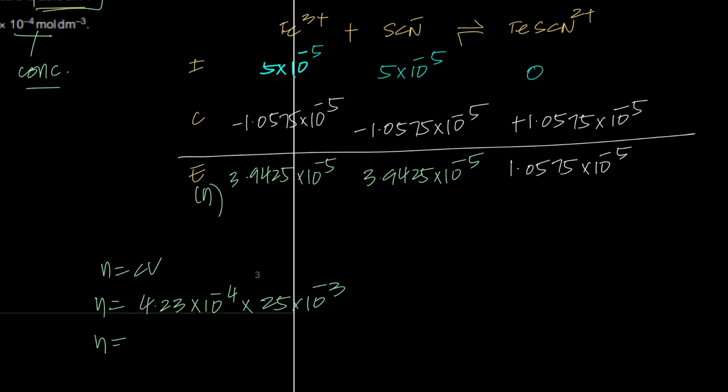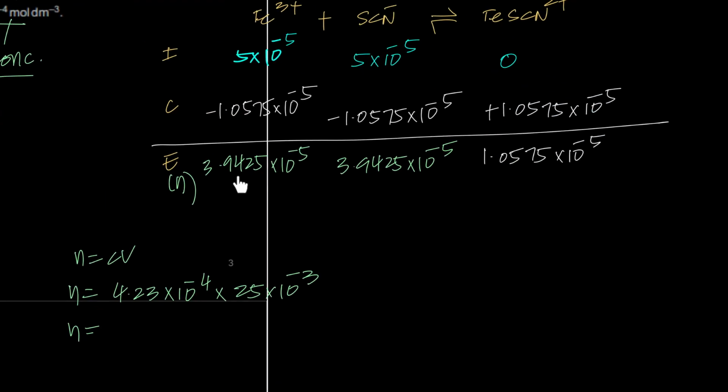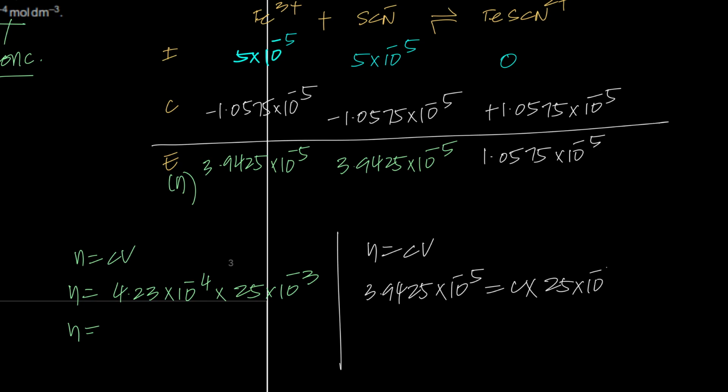You don't have concentration at equilibrium, you have moles at equilibrium. I can just figure out one concentration at equilibrium, and that'll be the same for the other, because they both have the same number of moles at equilibrium. So let's just figure this out. n equals CV. Moles, I have 3.9425 into 10 to the power minus 5 equals concentration into volume, which is what? 25 into 10 to the power minus 3. What do you get as concentration?